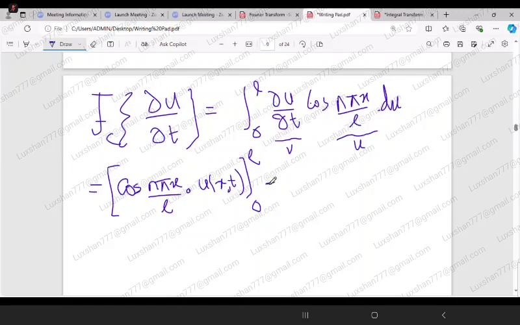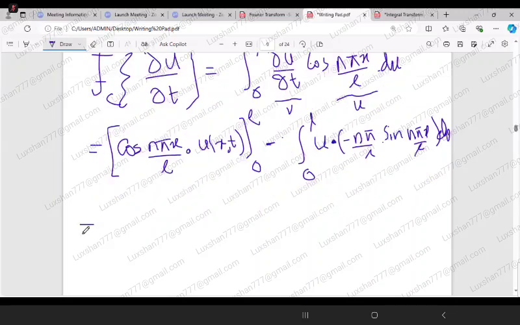Minus the integral from 0 to L of u into the differentiation of this one, which is minus nπ/L sine(nπx/L) dx.